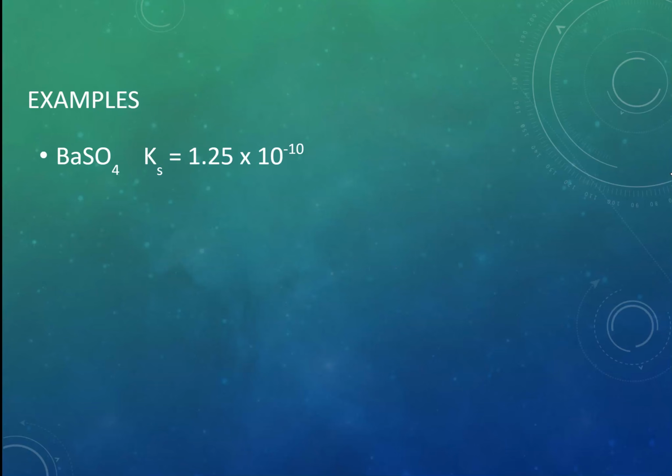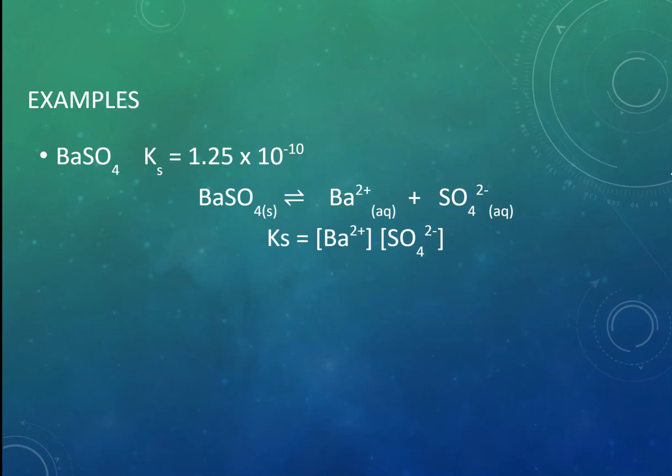So let's look at an example for a second. If we've got barium sulfate, the textbook tells us that the solubility product for barium sulfate is 1.25 times 10 to the minus 10. Now, we know that barium sulfate dissolves to form barium ions and sulfate ions. And because of the formula, this is a 1-to-1 ratio. So Ks is equal to the concentration of barium times the concentration of sulfate.